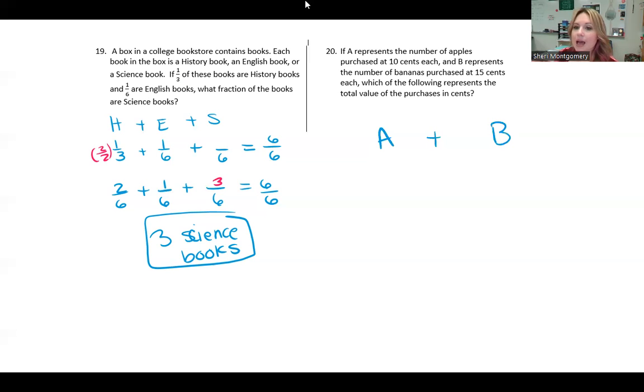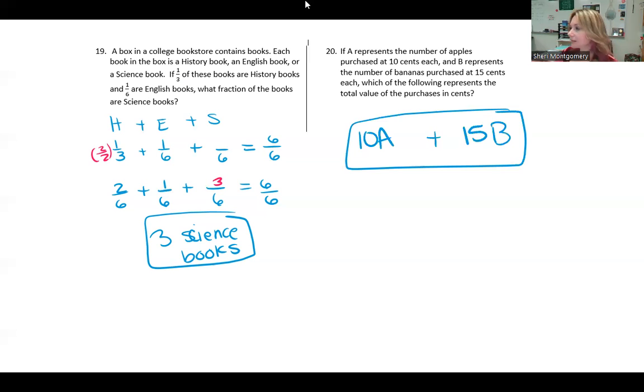It says that apples are 10 cents and bananas are 15 cents. That's it. You find the one that matches. On your test, that's it. No solving. You find the one that matches. So again, please do not be deceived. Not every word problem means a hard question. Some of them are really simple.